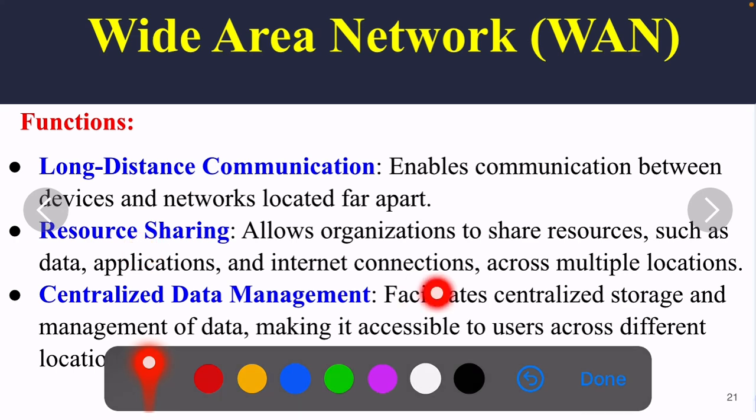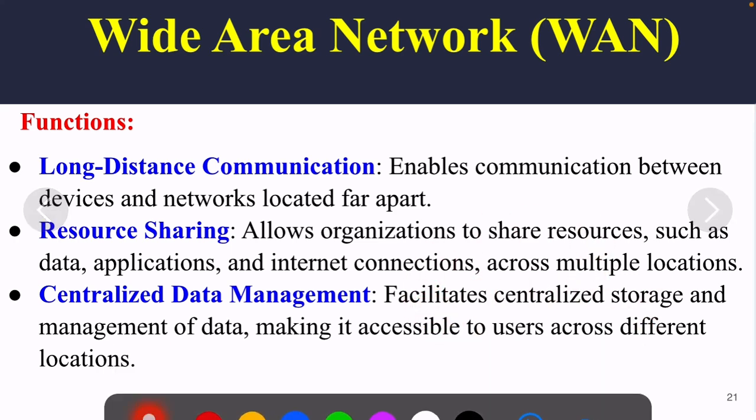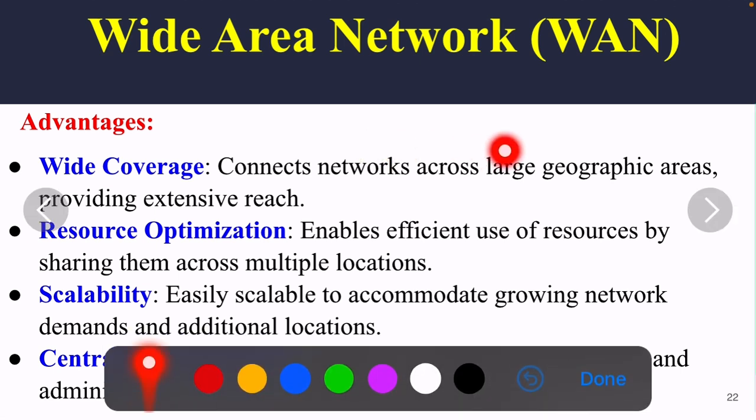Then centralized data management. A wide area network facilitates centralized storage and management of data, making it accessible to users across different locations. Then what are the advantages of the wide area network? First, wide coverage. It connects networks across large geographical areas, providing extensive reach.